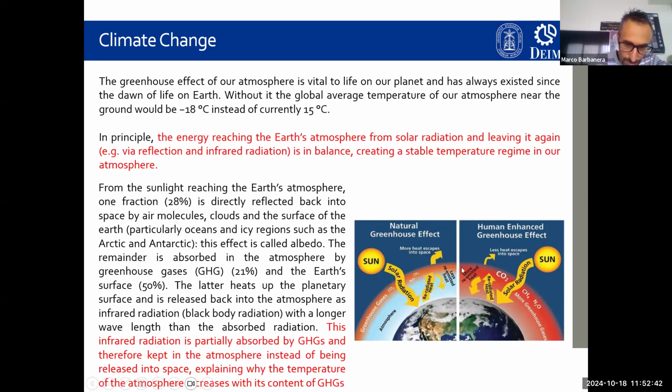So by the presence of this layer of greenhouse gases, we can maintain the temperature on the Earth's surface around 15 degrees during the year.